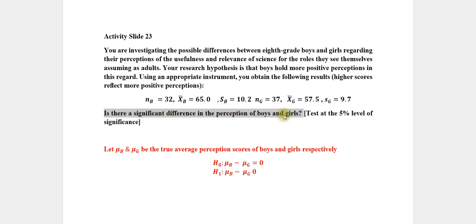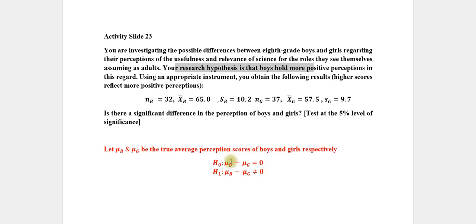So you test for it to be equal to 0, and the alternative should be not equal to 0. It cannot be greater than 0, because the question is not about the research hypothesis. If it was, obviously you would have put greater than 0 here.